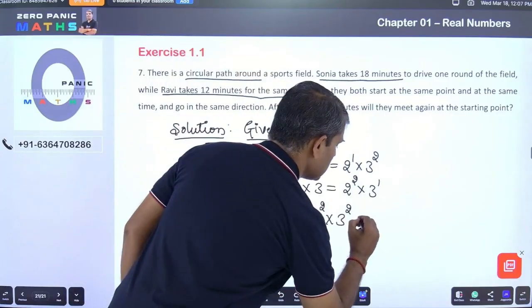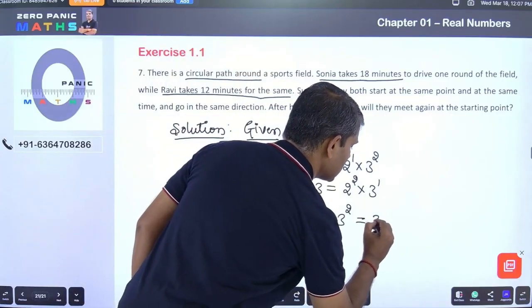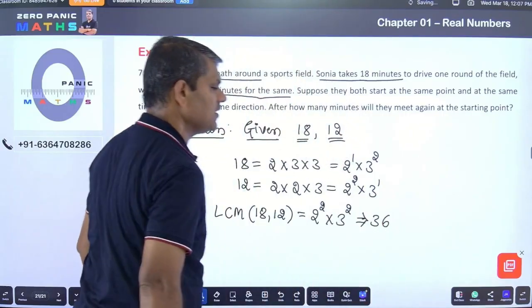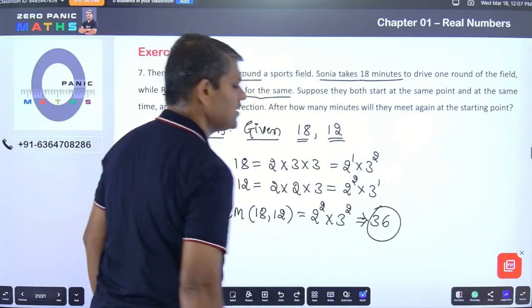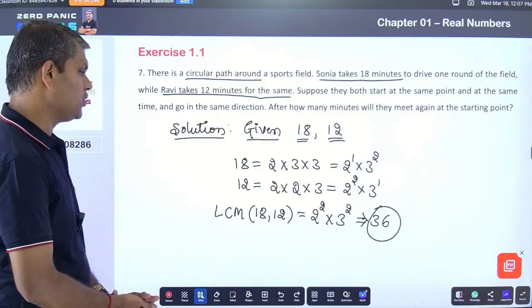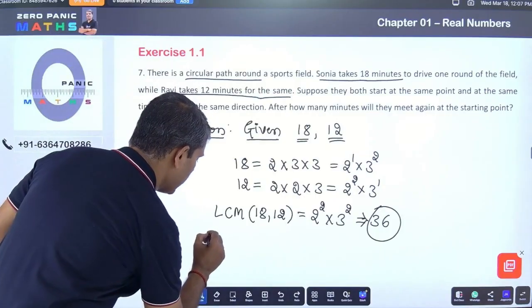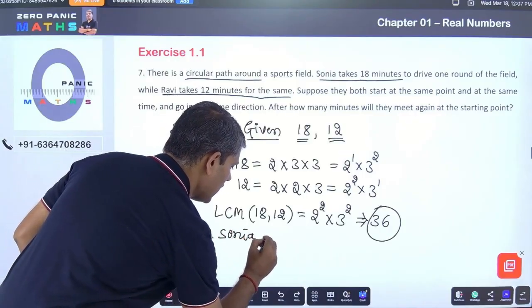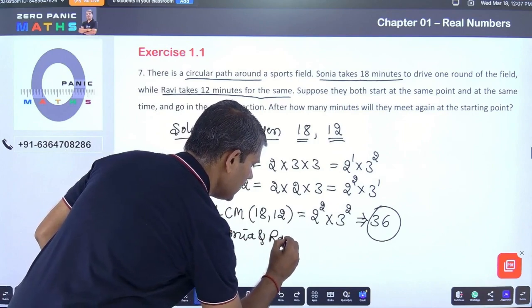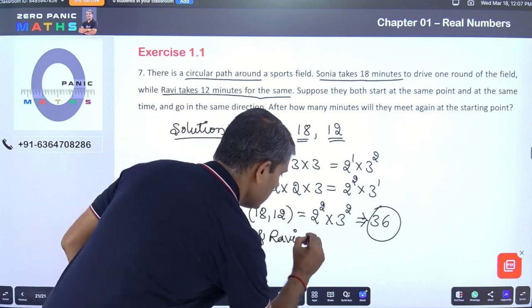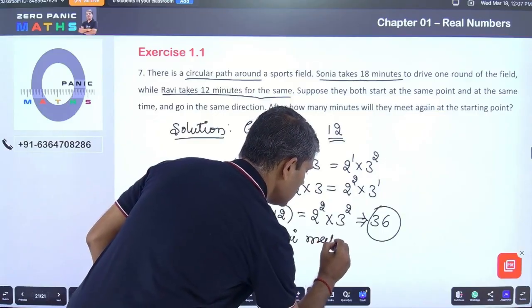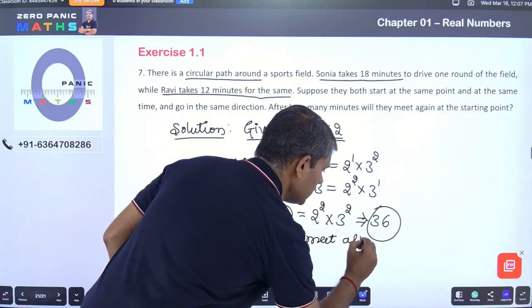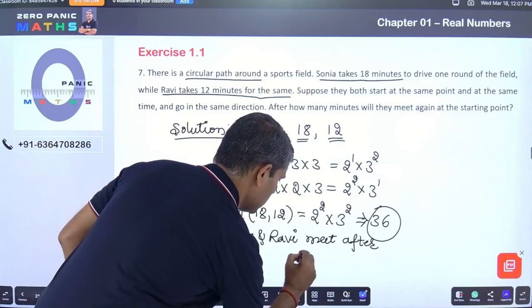Okay, it is 4 9s are 36. You got this 36? Okay, this is the answer as I already explained to you. So therefore, the final answer is Sonia and Ravi meet after 36 minutes.